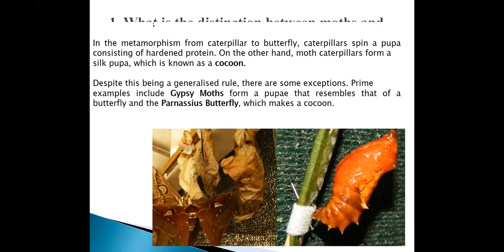During that resting stage, it makes a covering around itself. The pupa of a butterfly will have a protein covering, and the moth caterpillar will make a silk pupa. That is called a cocoon.